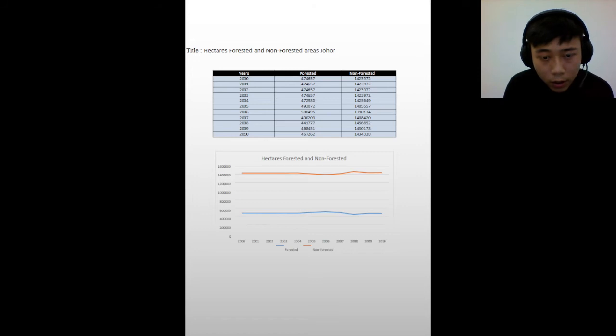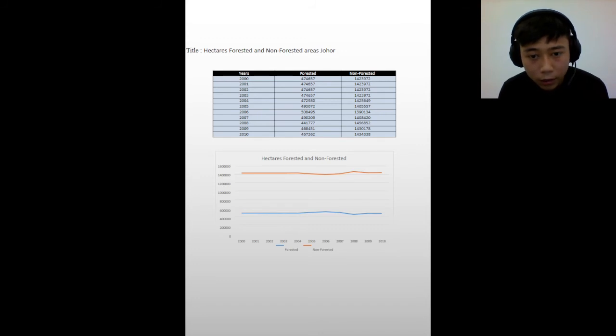And last, 2010, forested is 467,000, and non-forested is 1.3 million. And this is the line graph. Okay, you see.